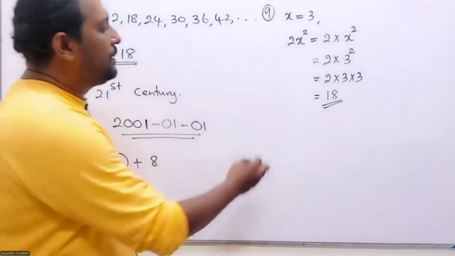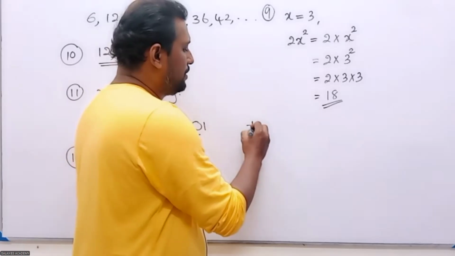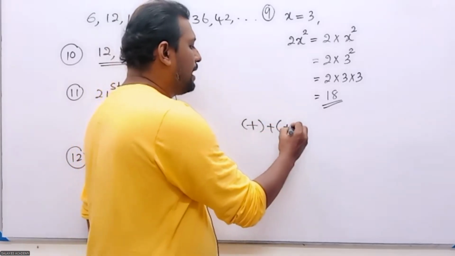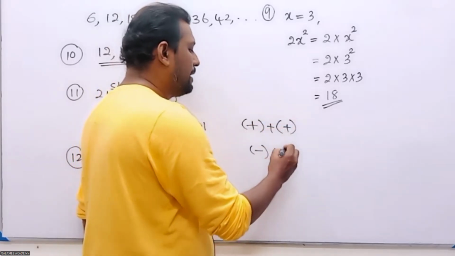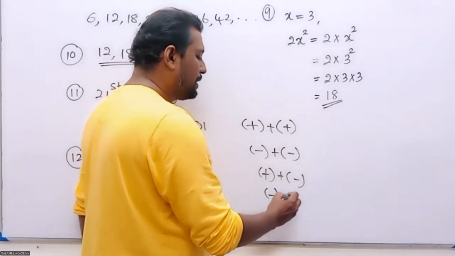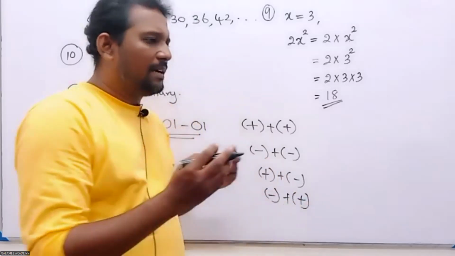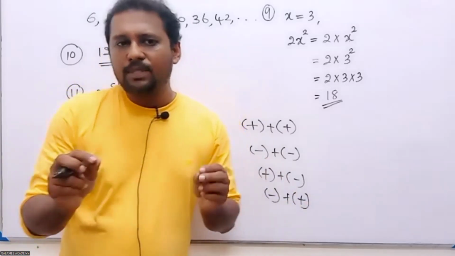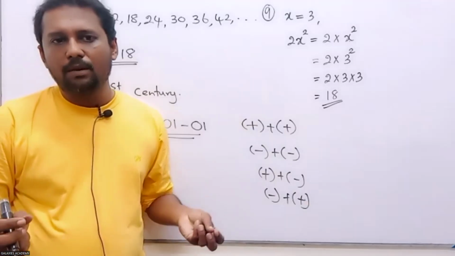When you add positive and positive number, negative and negative number, positive and negative number, or negative and positive number, sometimes you have to add same signs directed numbers, sometimes different types.